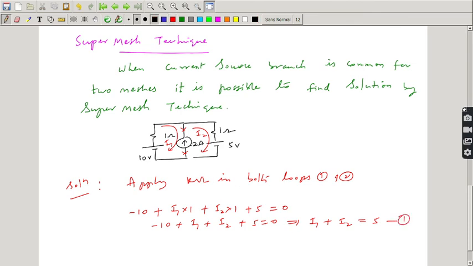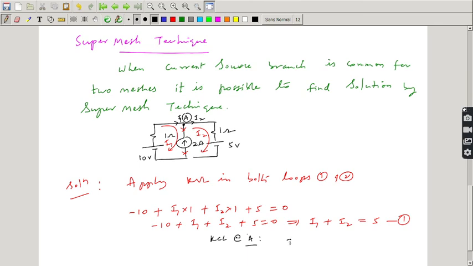Now we write for the common branch current source. If you apply KCL at node A, where this current is I1 and this current is I2, incoming currents equal outgoing currents.